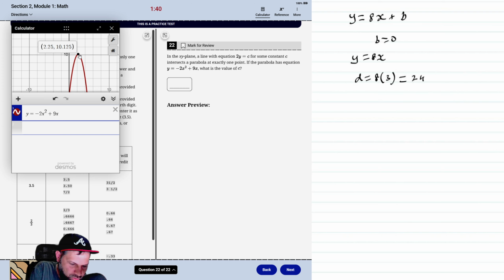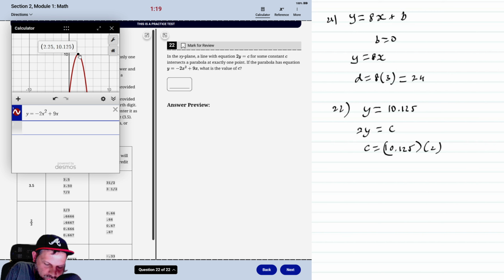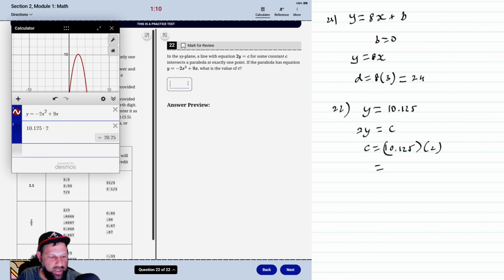For problem 22, we found that y is going to be equal to 10.125, so 2y is going to be equal to c. So c is going to be equal to 10.125 times 2, which is going to be equal to 20.25, and that's going to be the answer.